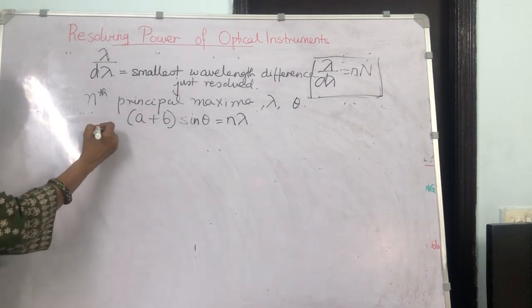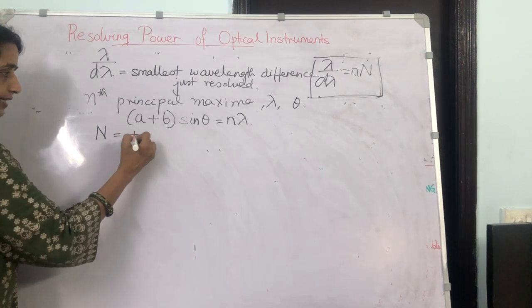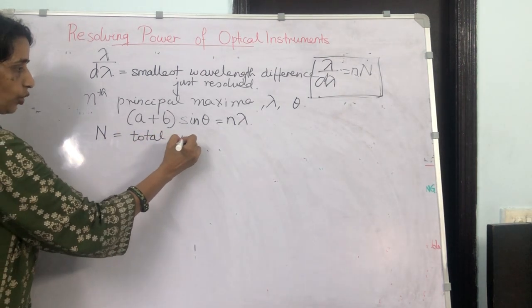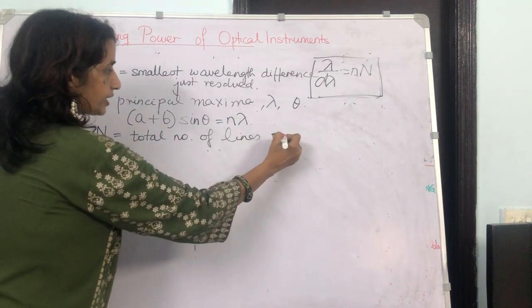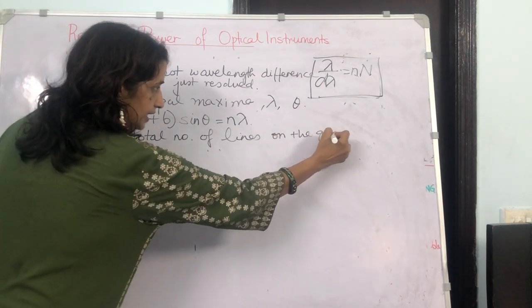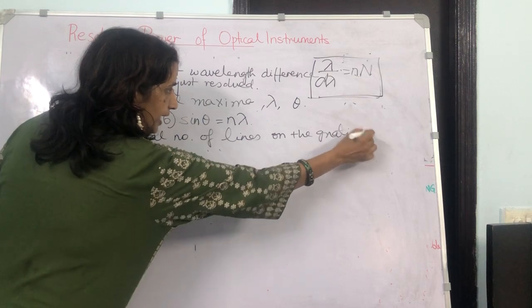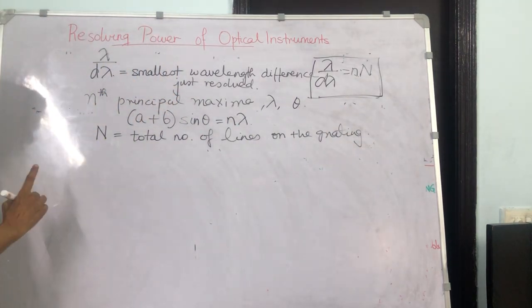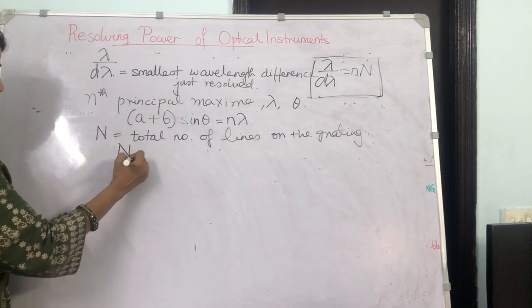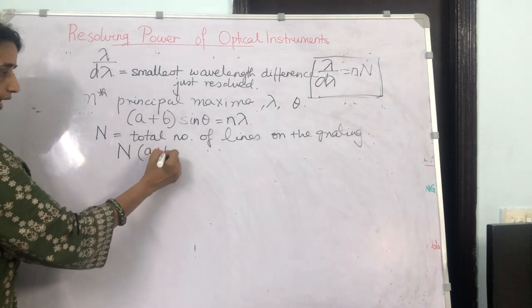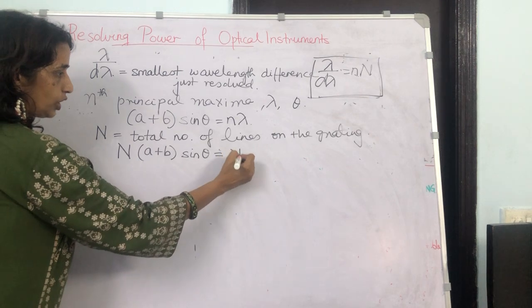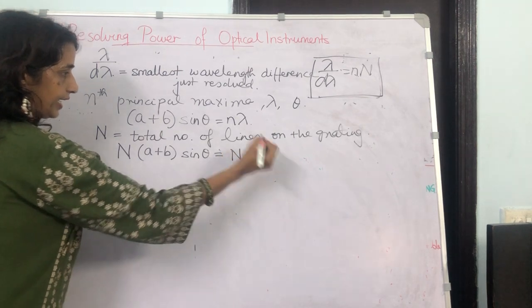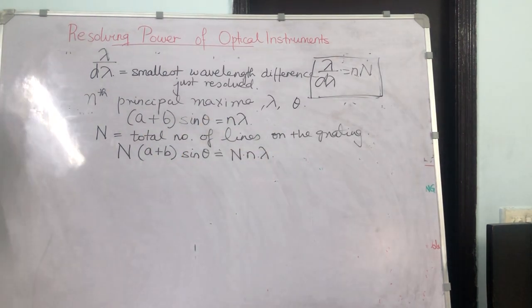Let the total number of lines on the grating be equal to capital N. Then the equation becomes N into (A plus B) sine theta is equal to N into n lambda.